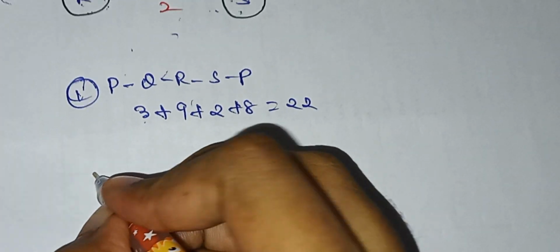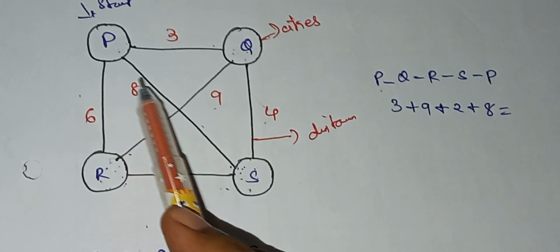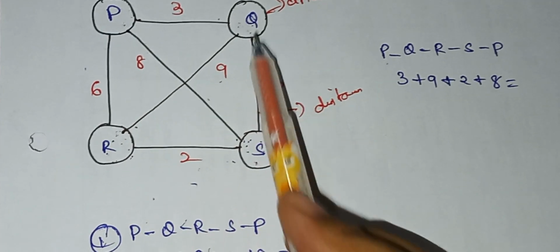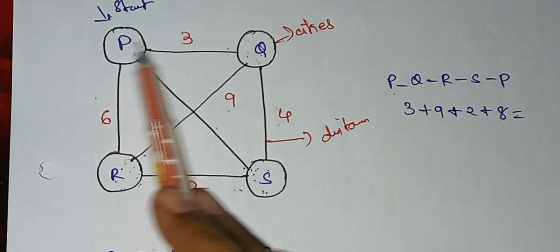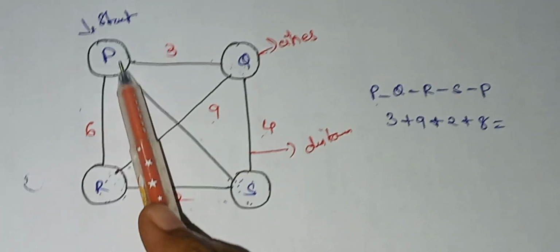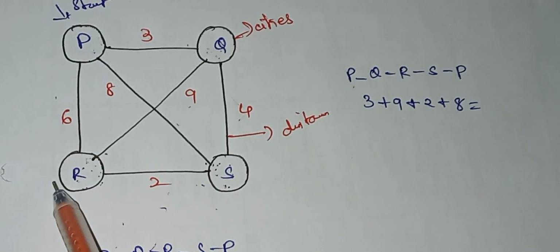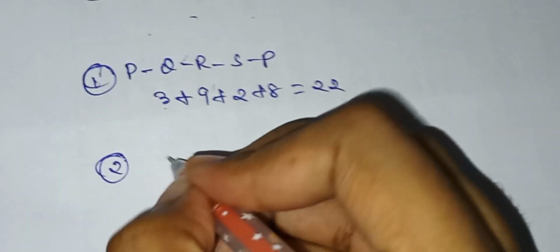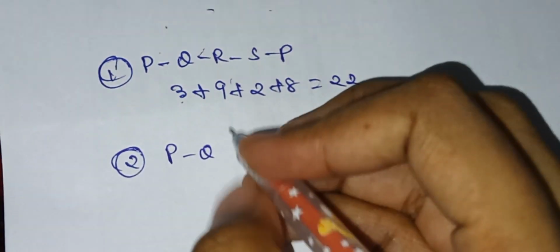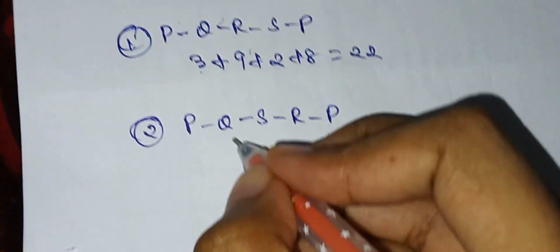Now the second permutation could be P to Q, Q to S, S to R and R to P. I'm starting at P, P to Q, Q to S, S to R and R to P. Again calculate the cost.